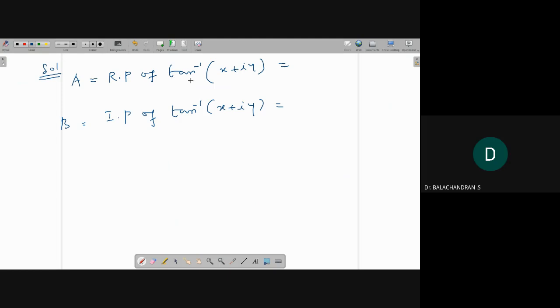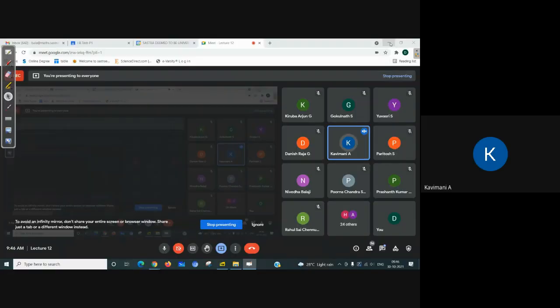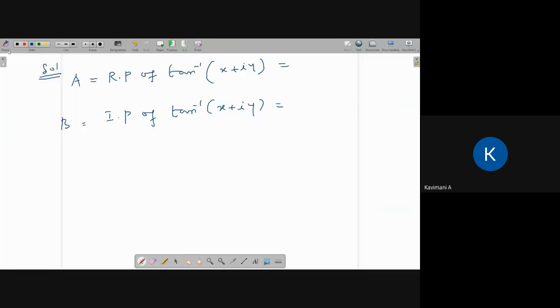We have tan 2a, sir. So we solved the tan inverse of x plus iy problem two or three days before. A is equal to half tan inverse of 2x upon 1 minus x square minus y square.